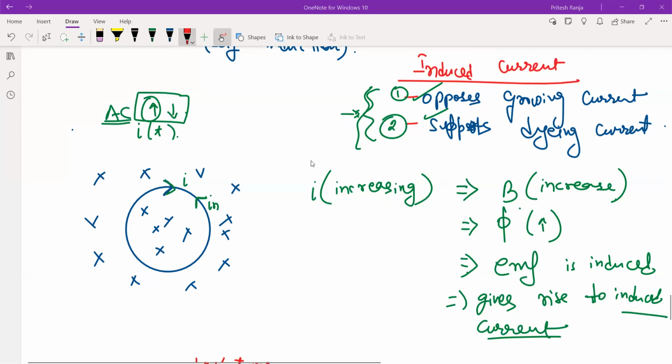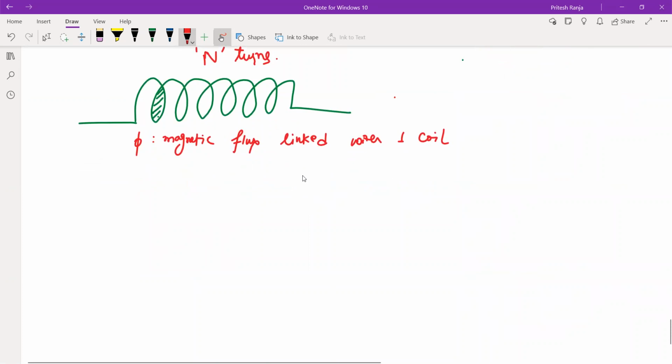Okay, moving ahead now. Okay, so phi is the magnetic flux that is linked with one coil. So what will the total flux be? Because there are n number of turns, total flux will be n into phi.